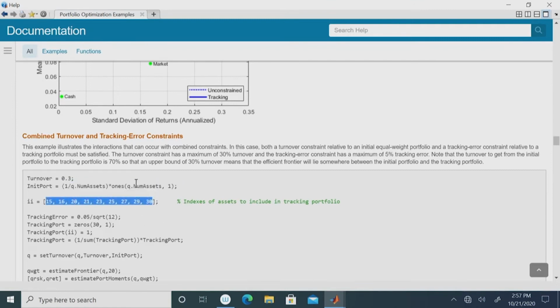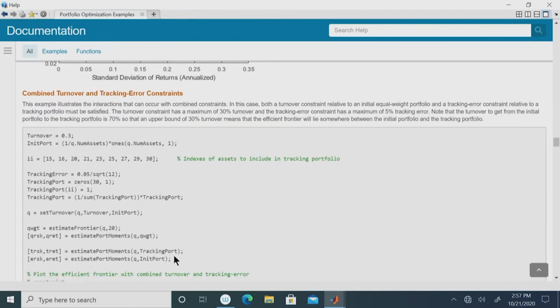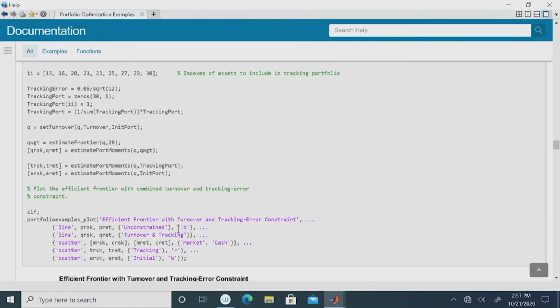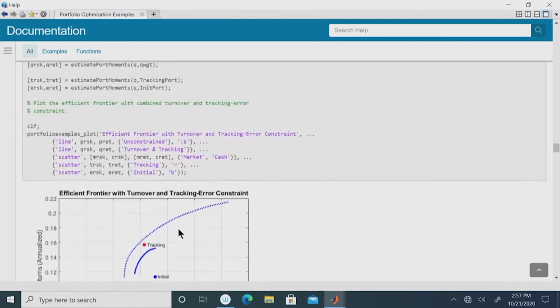So, there are two portfolios here, one is the initial portfolio and one is the tracking error portfolio. Accordingly, Q is set with the turnover and this initial portfolio, and you estimate the portfolio moments for Q, and determine what is going to be the efficient frontier.